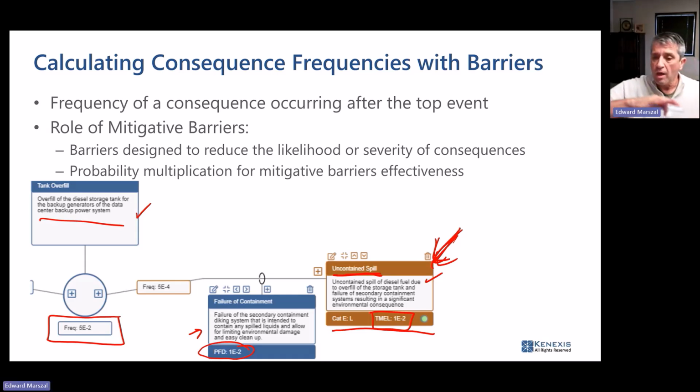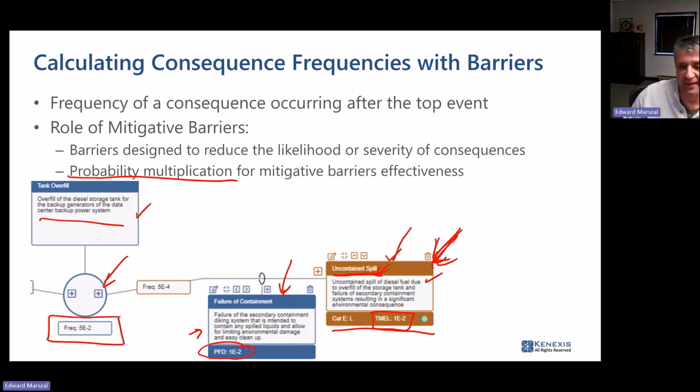So for the frequency of the consequence, we're again going back to probability multiplication, because in order to get an uncontained spill, I have to have a spill, that's my bow tie knot, and I need my containment to fail. When you have a logical and you do probability multiplication, well, in this case technically it's frequency multiplication.